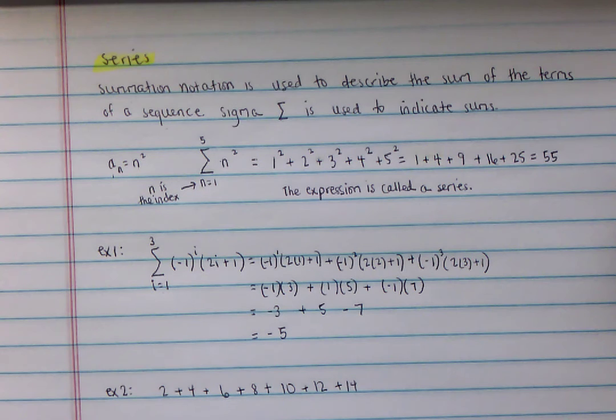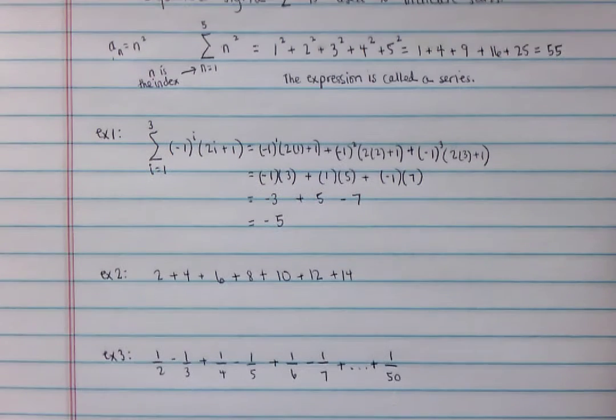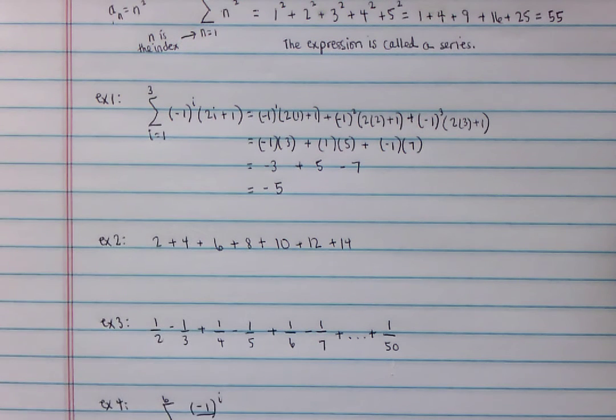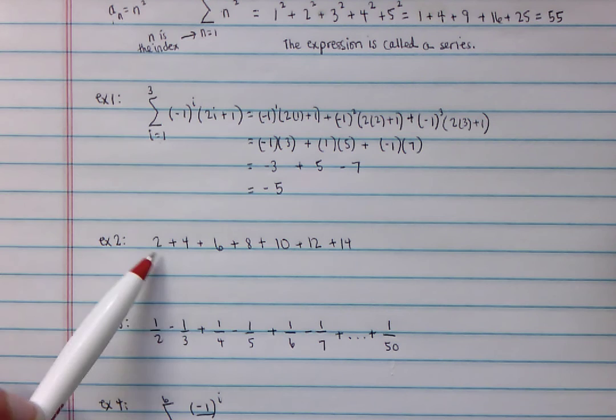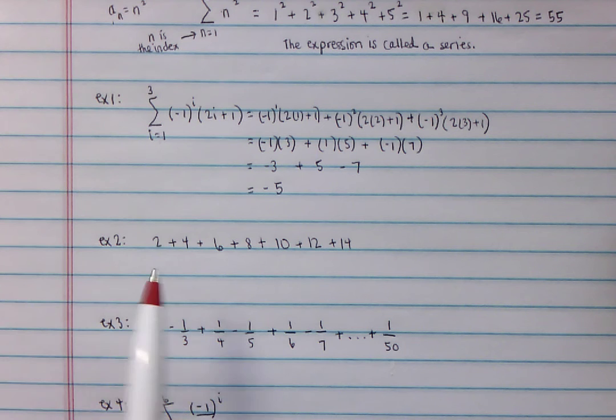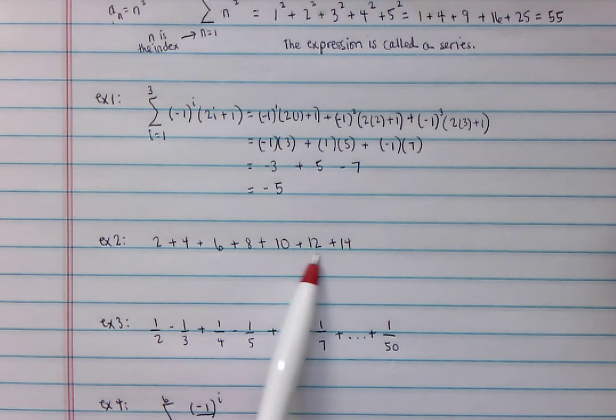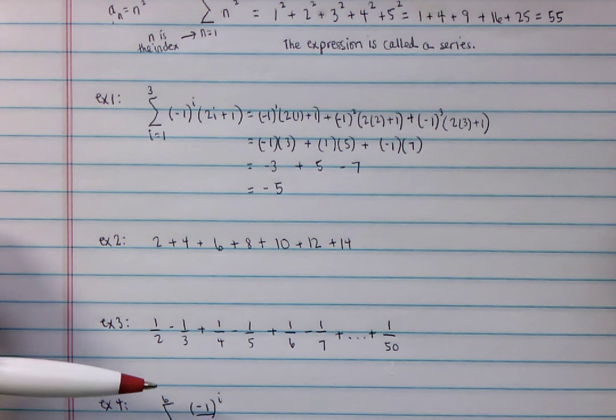Okay? So example 2, they talk about converting to summation notation. So they want you now to write it in this form. They want you to write the summation notation. So you're going to have to do a couple of things. First, we're going to have to figure out what the sequence is, writing the nth term of the sequence.